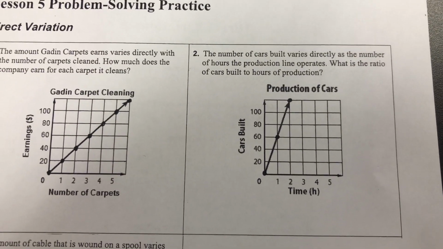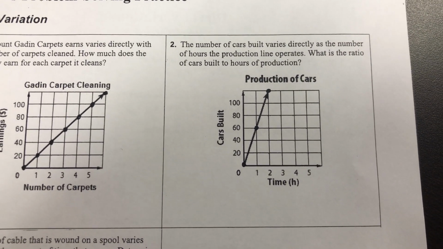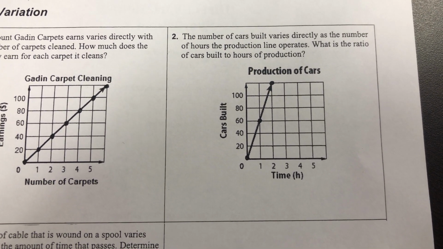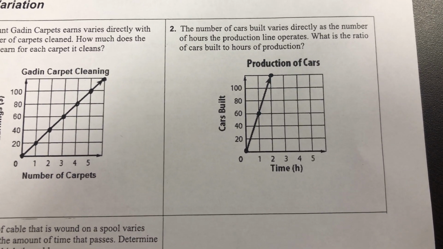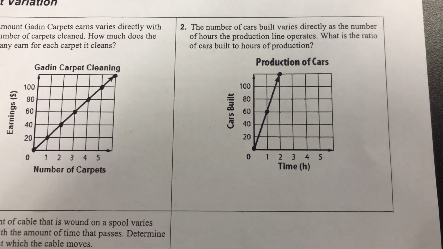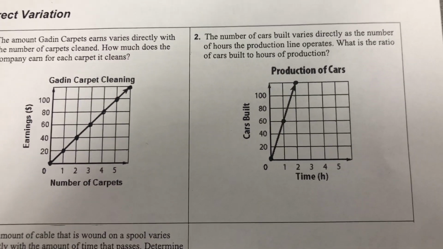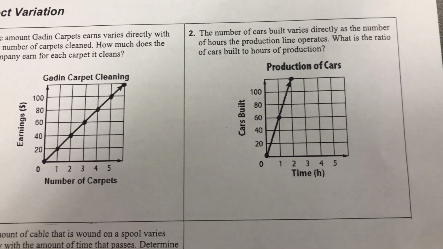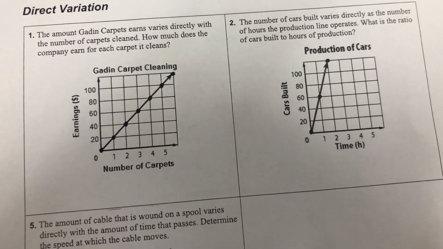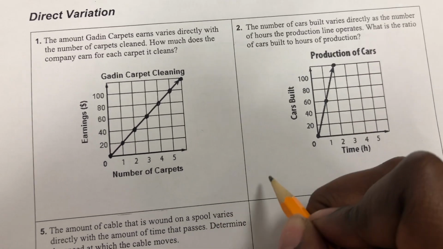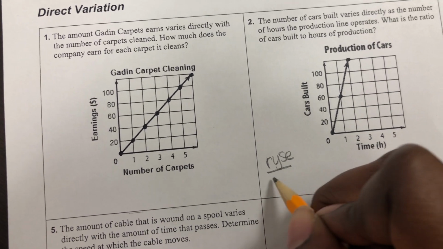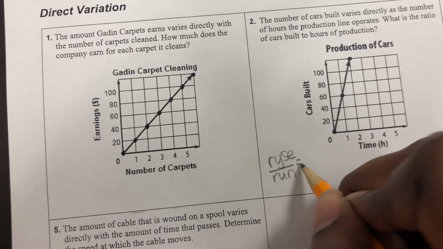I'm going to do something like this one where we only have 2 points that look like they're available to us. It says the number of cars built varies directly as the number of hours the production line operates. What is the ratio of cars built to hours of production? So they're literally just asking you for the slope of this line. If that's the case, we can just do rise over run for this.